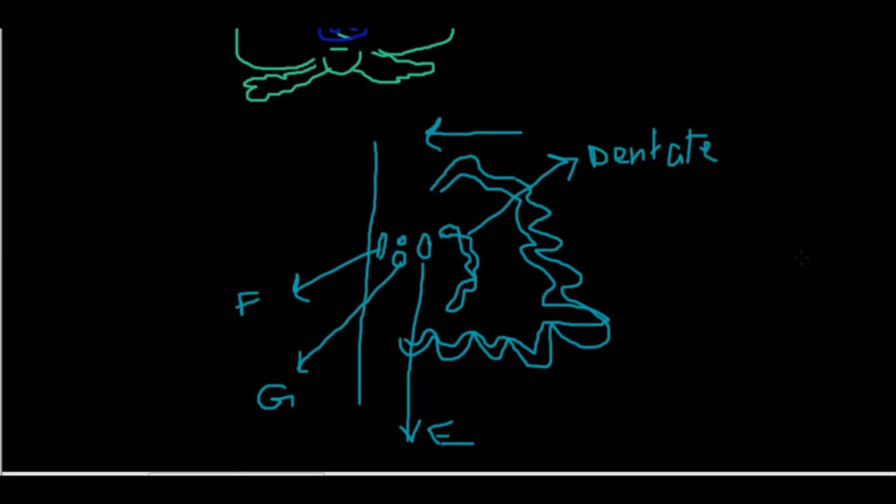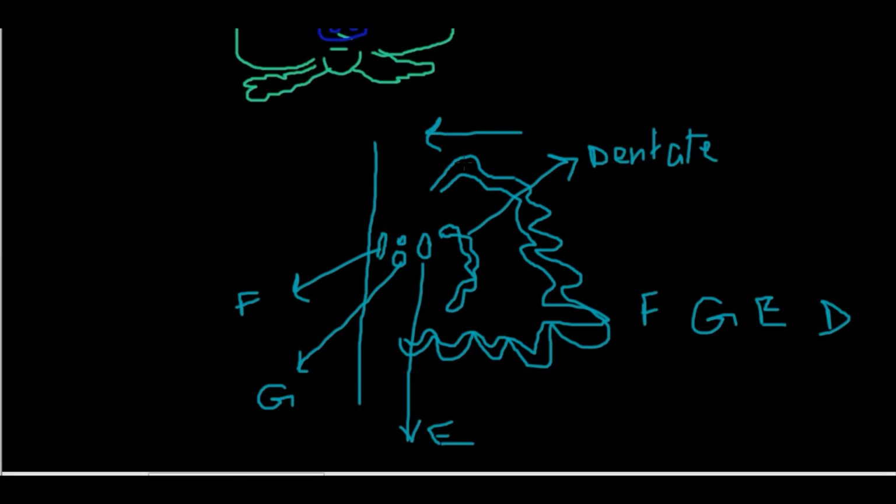So if we wanted to make a mnemonic, we could say D E G F. Dentate, emboliform, globose, and fastigial. So these are the four intracerebellar nuclei which are embedded within the white matter of each cerebellar hemisphere from the lateral to medial direction.